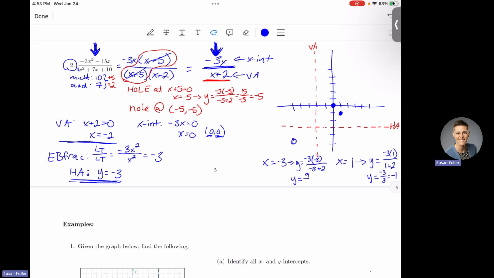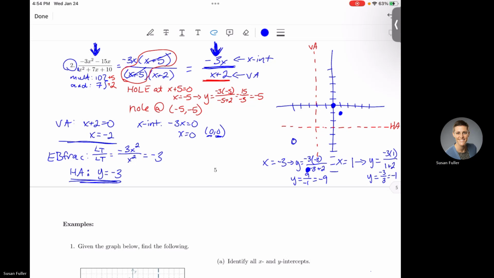And that is a 9 on top, a negative 1 on the bottom. And that means I have a y value at negative 9. So I'm going to go to negative 3, and I'm going to have a point all the way down at negative 9. 1, 2, 3, 4, 5, 6, 7, 8, 9. So I'm going to be at negative 3, negative 9. My point is like right here. I'm sorry that this is going to be right in the middle of my work, but it's kind of what happens sometimes.